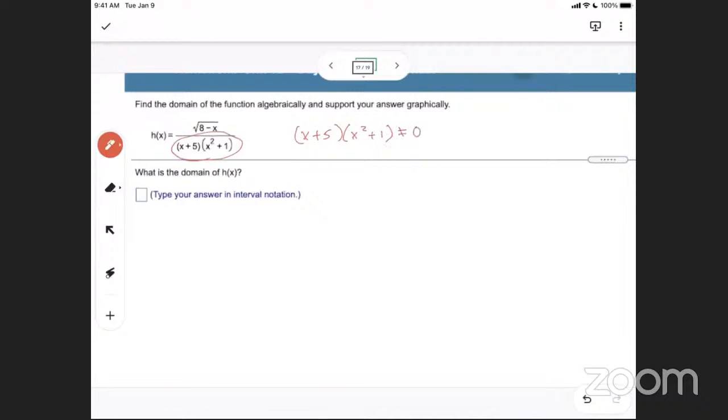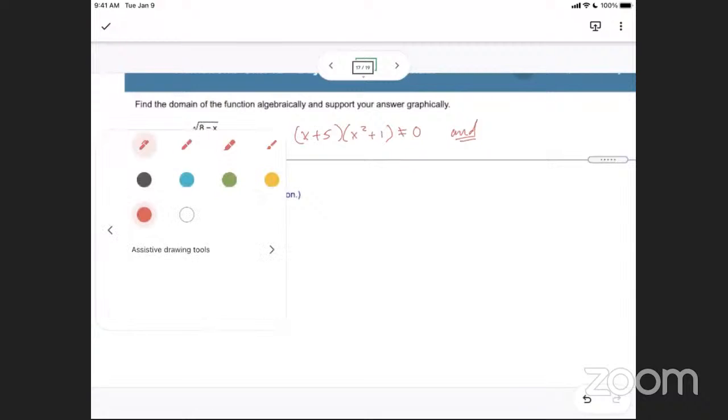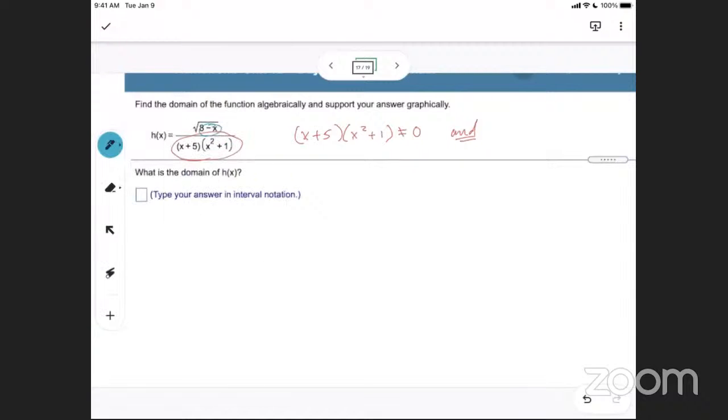That denominator can't equal 0. But also we're going to say that what's inside the radical has to be greater than or equal to 0, because you can't take the square root of a negative number. So we're going to solve both of those things.